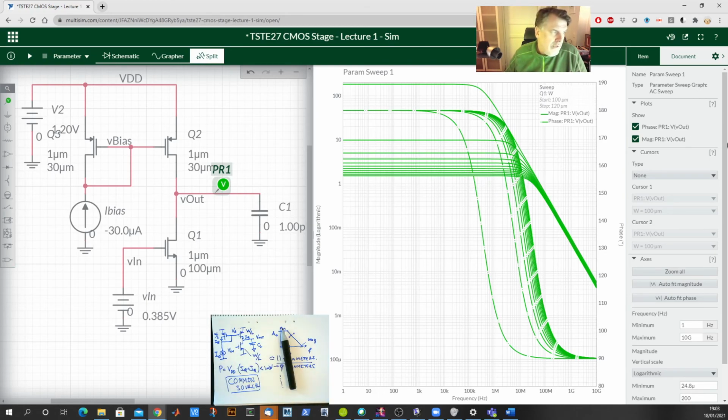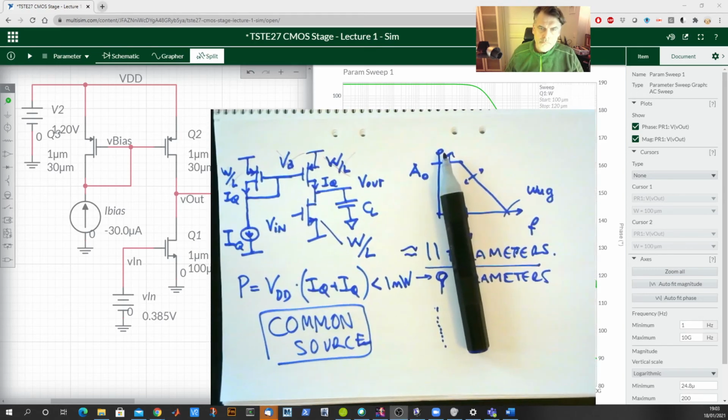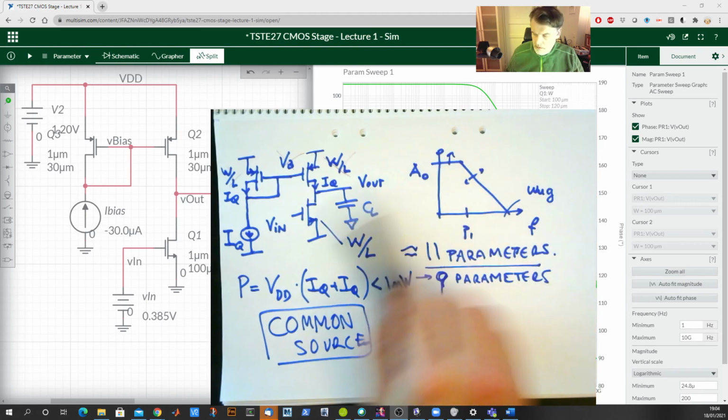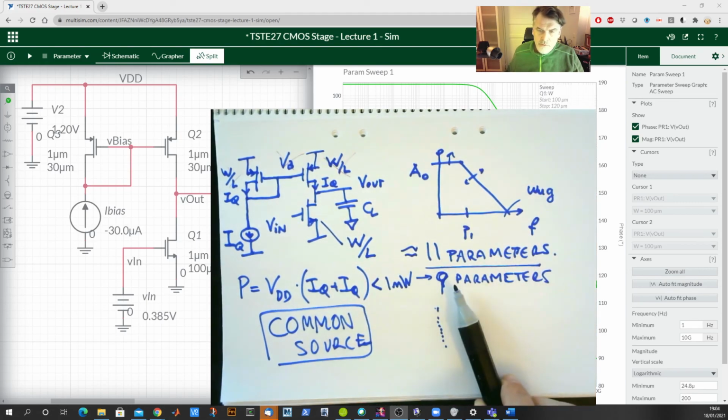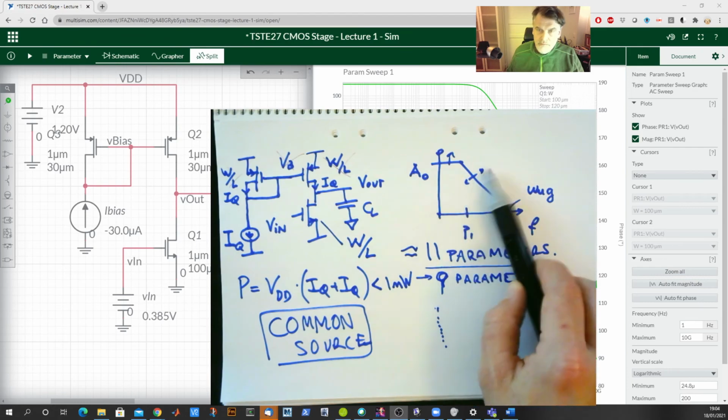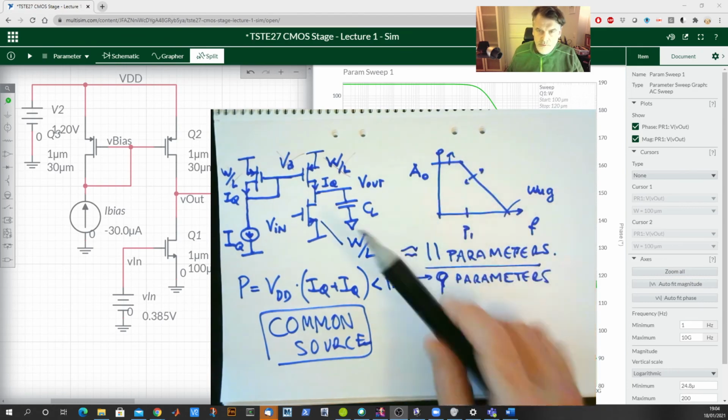Okay, just some ideas to continue until lecture 2. So please have a look at the material and the ways we can reduce the parameter set and understand more of how these different terms move around.